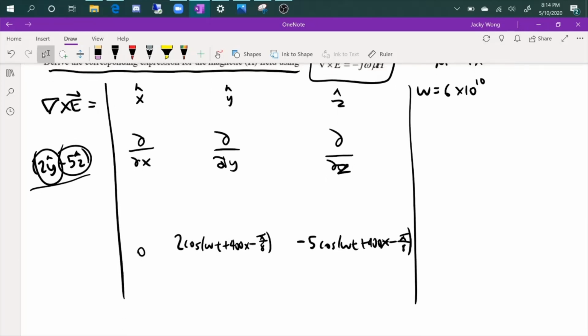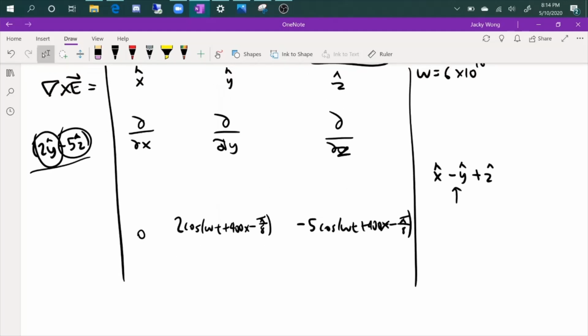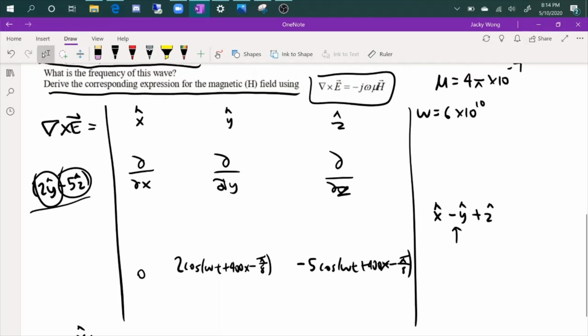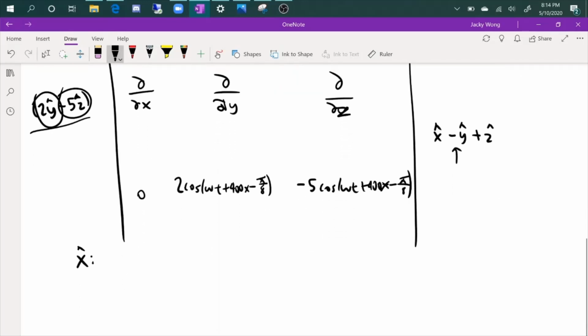When we solve a 3 by 3 matrix, the end result will look something like x hat minus y hat plus z hat. Notice that for the y component, there will be a minus in front of it after we solve it. So let's start solving each component. For the x component, there is no x direction, so it is 0.